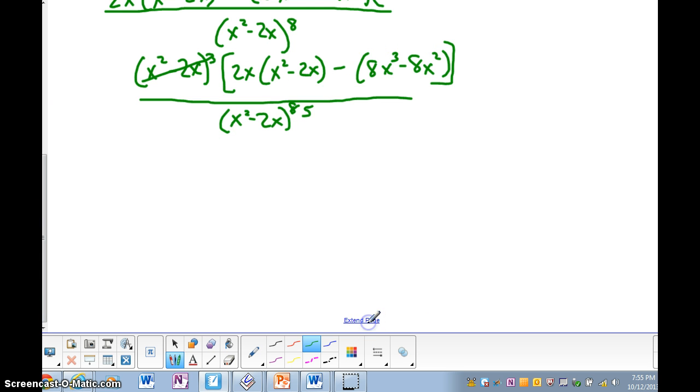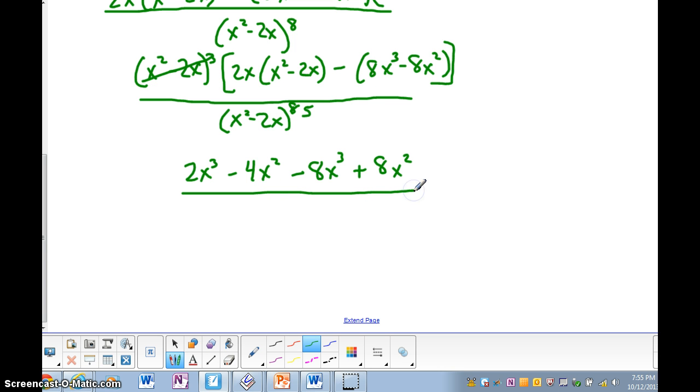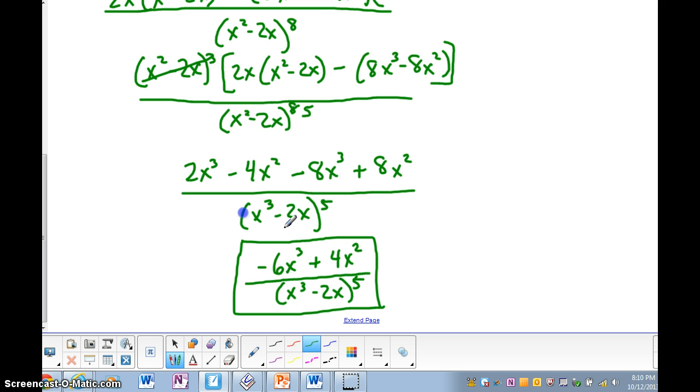Okay. Let's continue to simplify. In our numerator, if we just multiply through, we have 2x cubed minus 4x squared, and distribute the negative. We have negative 8x cubed plus our 8x squared, because a negative times a negative would be a positive. Okay, and we'll be left with our x squared minus 2x to the fifth power.